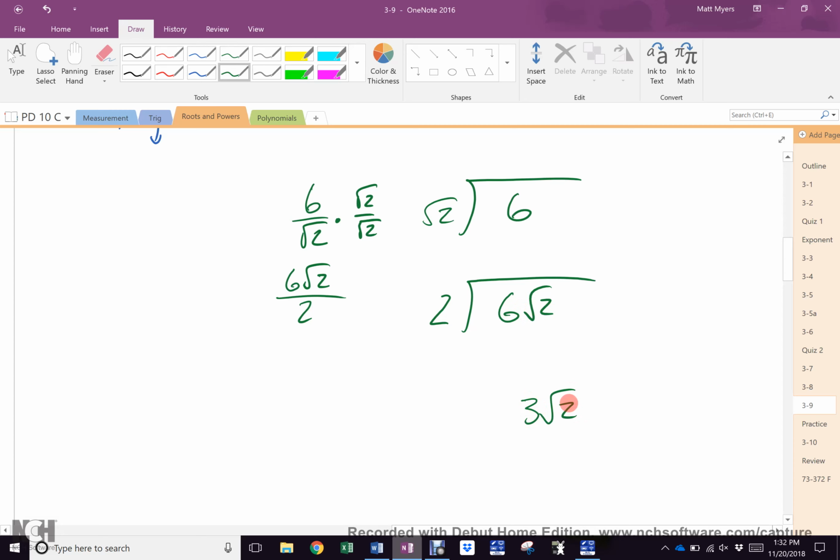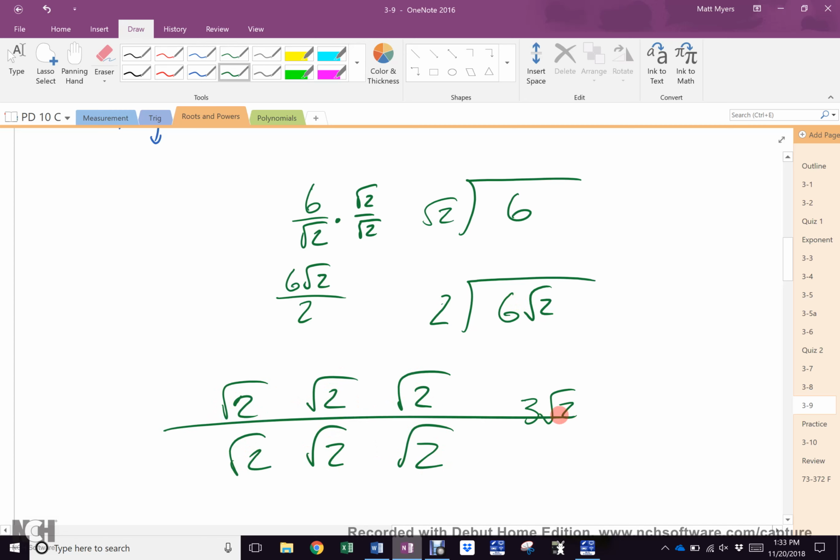Everybody understand? That's why we're allowed radicals in the numerator, but not in the denominator. Because this is doable. If I write out 6 root 2's, I can divide it by 2. 3 root 2's. Everybody good?